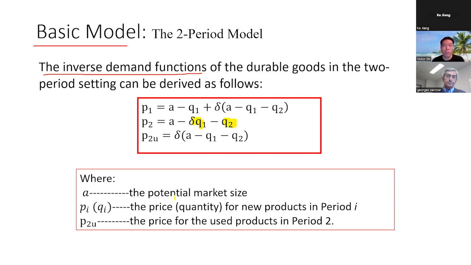Okay, so there are some classic assumptions: the customer valuation of the product is uniformly distributed between 0 and A, which is the potential market size.